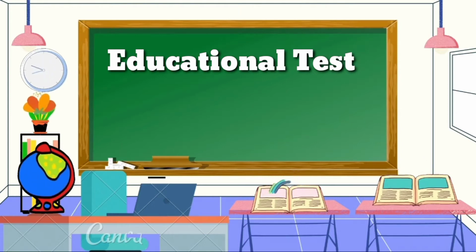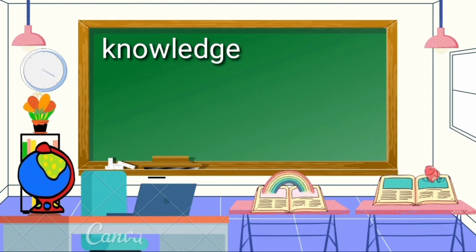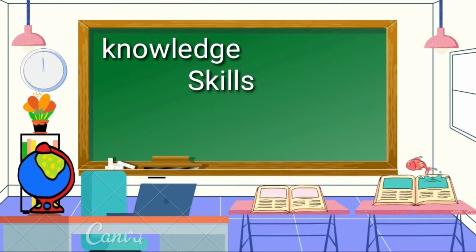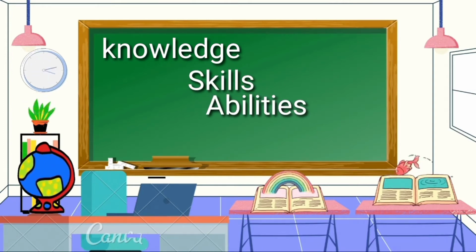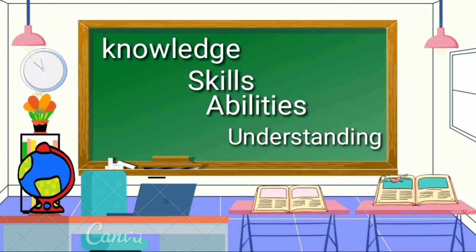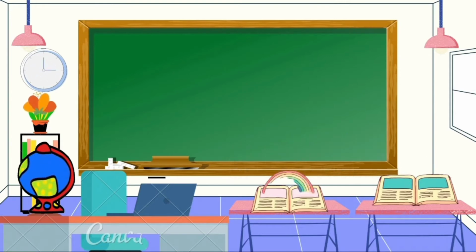Educational tests aim to measure knowledge, skills, abilities, understanding, and other outcomes in the subjects taught in school. So they are used to measure outcomes of classroom instruction, meaning the educational tests are used by the teacher or by the facilitator to measure how far the student learned, how far the student understands about the topic.